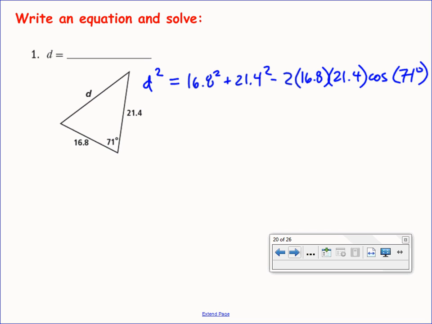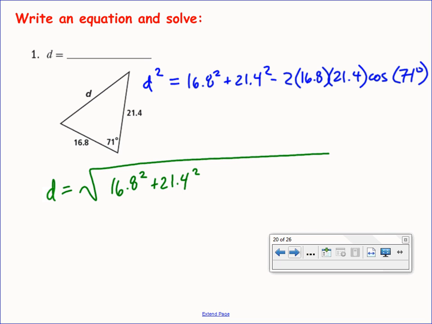What do I want to solve for? I want to solve for D. What undoes squaring? Square rooting. So D will be given by the square root of 16.8 squared plus 21.4 squared minus 2 times 16.8 times 21.4 times cosine of 71 degrees.